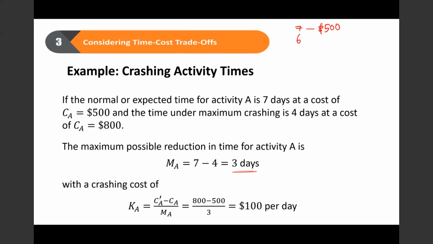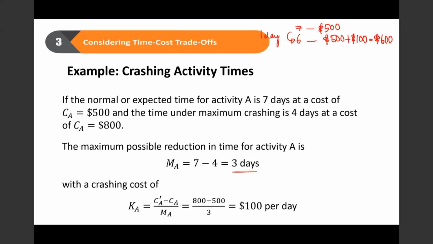If I crash it the first day, from 7 days it becomes 6 days, that means my cost will go from $500 to $500 plus $100. So now this becomes $600. This is crashing for 1 day. Or I can choose to crash for 2 days.